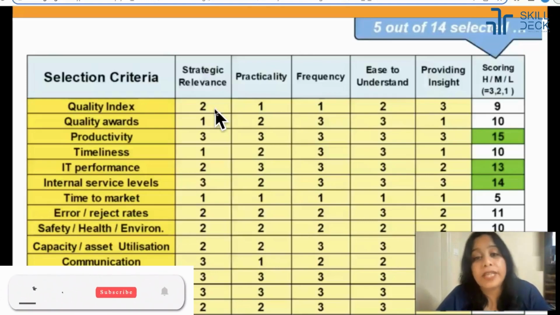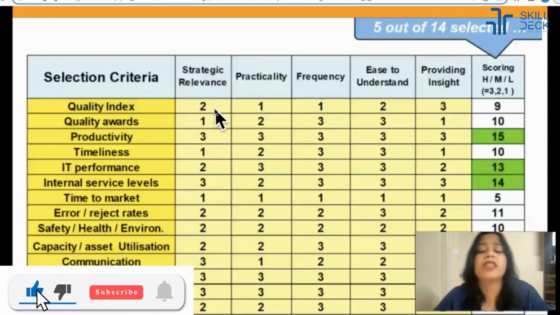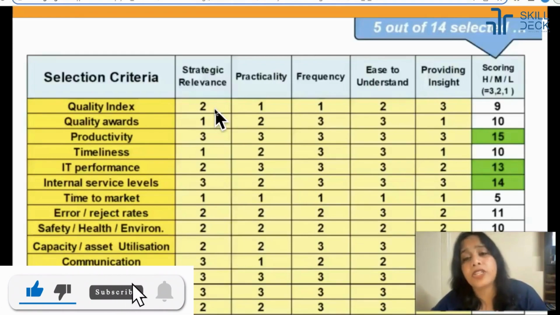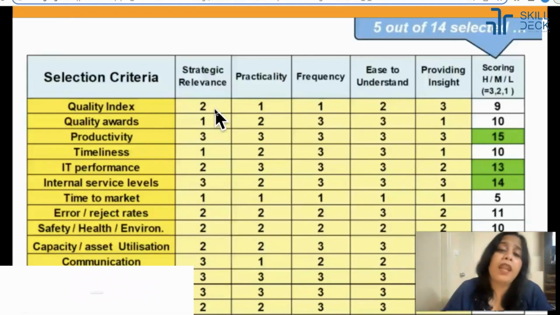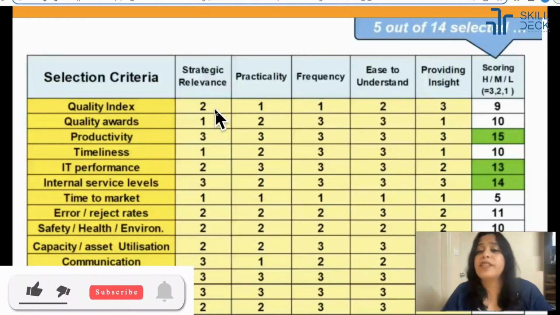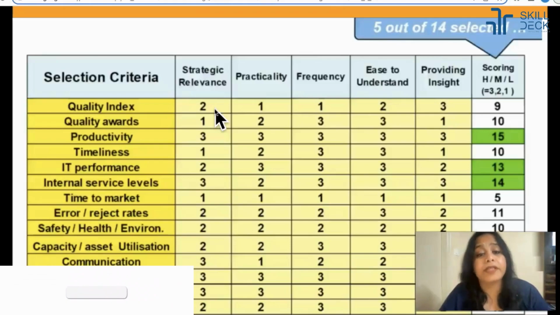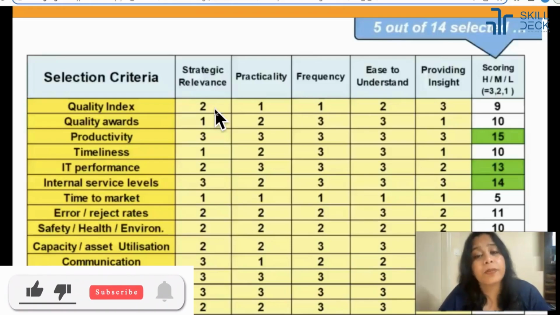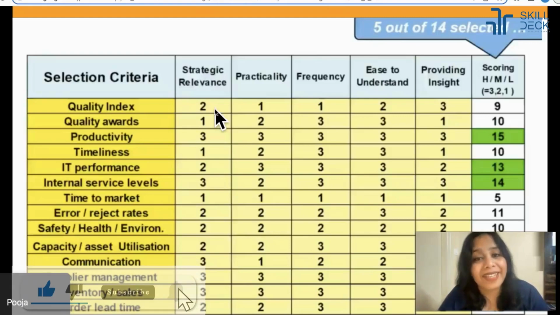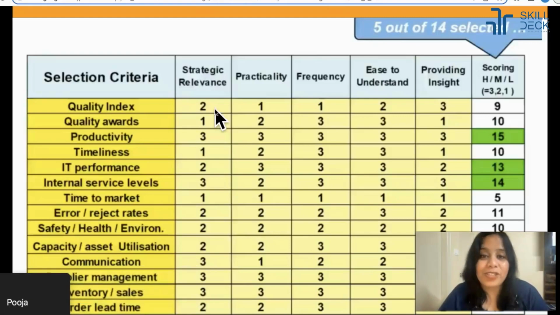As in the recruitment example, from sourcing till shortlisting is lead, and the final selection and onboarding is my lag. So CV of lead, CV of lag will give me a lot of KPIs. Then I have to select those KPIs on the 5 parameters: strategic relevance, practicability, frequency, ease to understand, and providing insight.